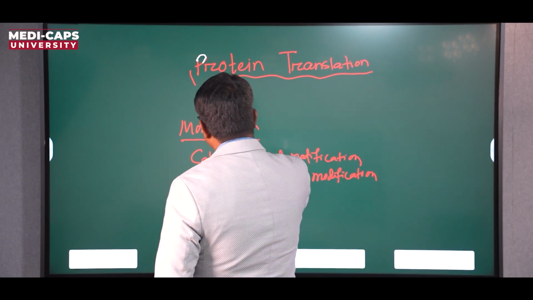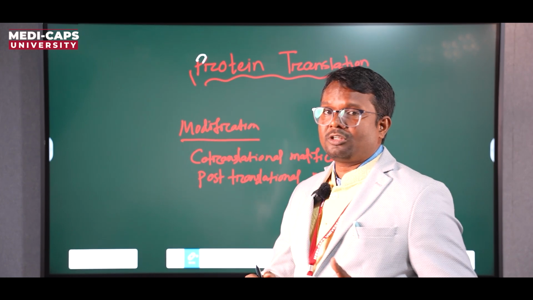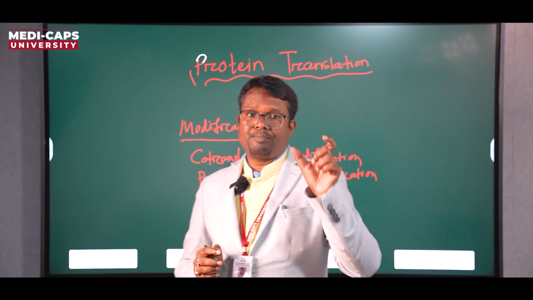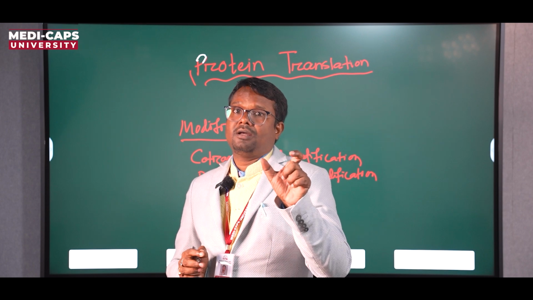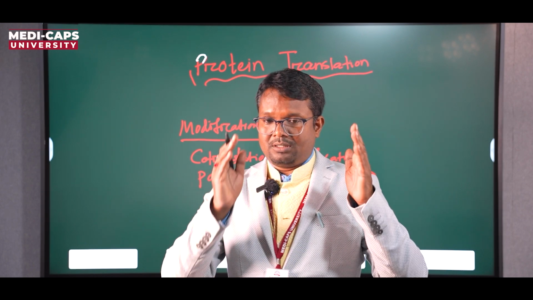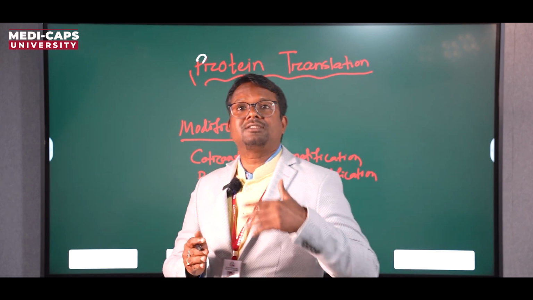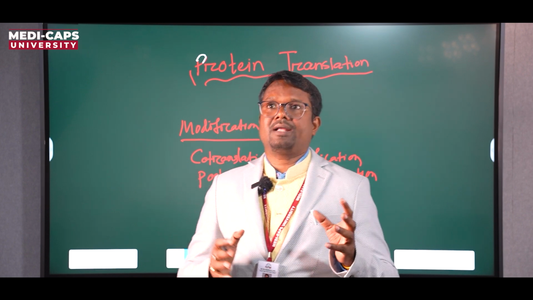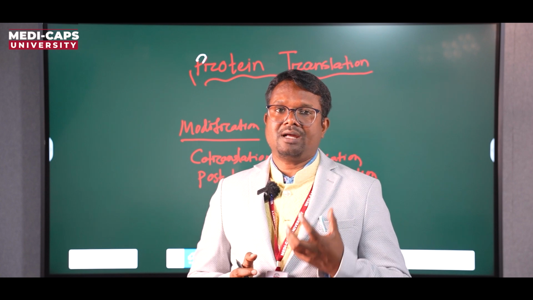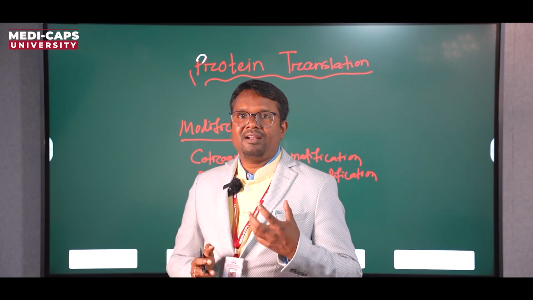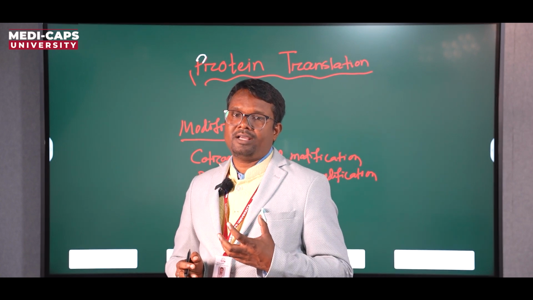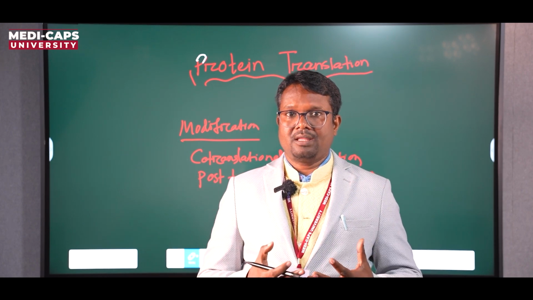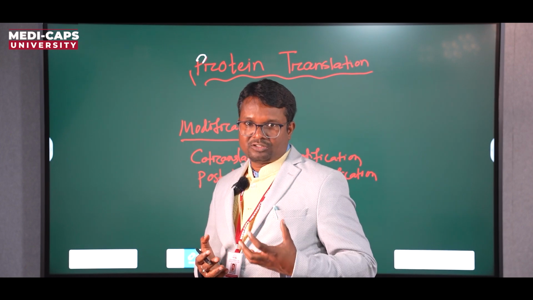So in the modification process, what gets modified? Some synthesized proteins have a very short chain, we can call them polypeptides, and some acquire a particular structure and shape. Until and unless a protein undergoes its transformation to make its proper structure, it will not function properly.